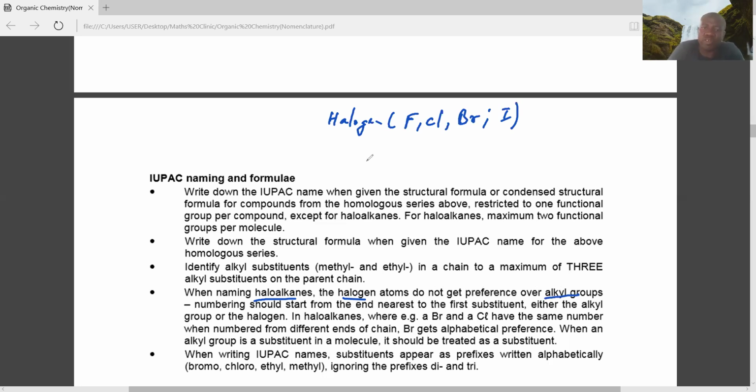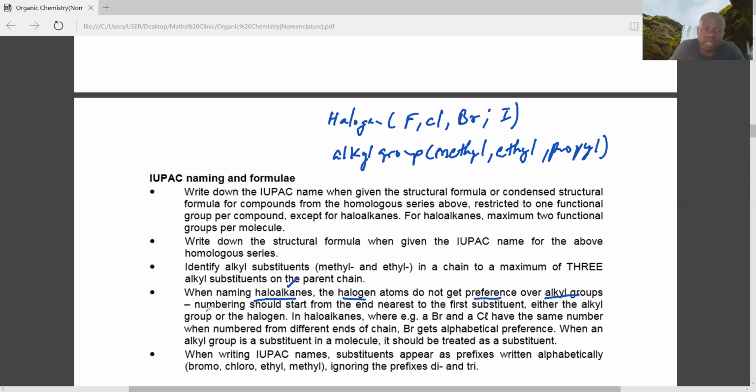So you give preference to alkyl groups: the methyl, the ethyl, and the propyl. So when you are naming halo-alkanes, halogen atoms do not get preference over alkyl groups.